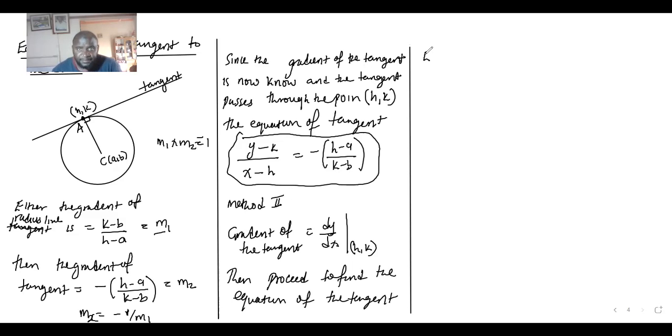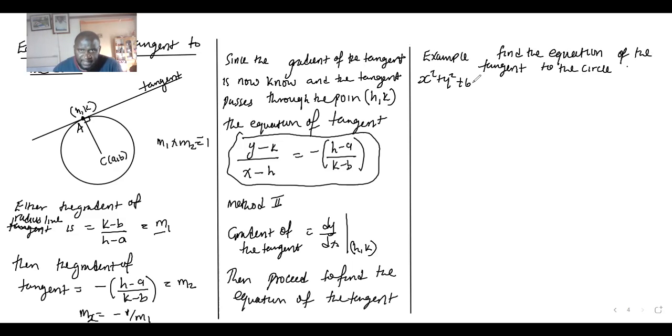So, example: find the equation of the tangent to the circle x squared plus y squared plus 6x minus 2y is equal to 0 at the point (0, 0).